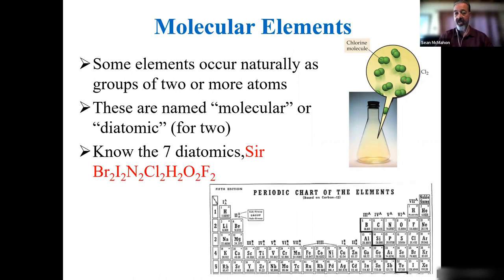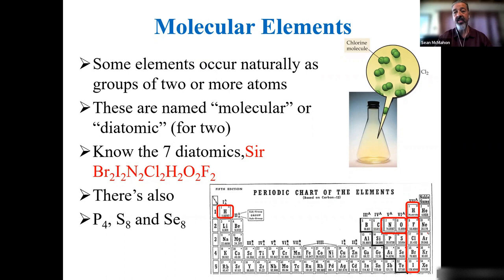Or you could look at your periodic table and be like, hey, there's a 7 right here. Nitrogen, oxygen, fluorine, chlorine, bromine, iodine. But if I actually count the number of elements in the 7, there's only 1, 2, 3, 4, 5, 6. That's because the 7th is the hydrogen. So you can remember Sir Brinkelhoff or draw the 7 and add the hydrogen. But you do need to know that those are diatomics, even though they're elements. That means they travel in groups of 2, but they're one type of atom.